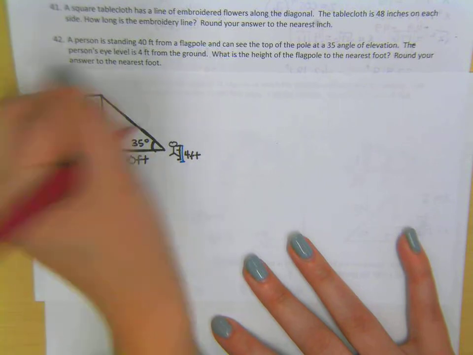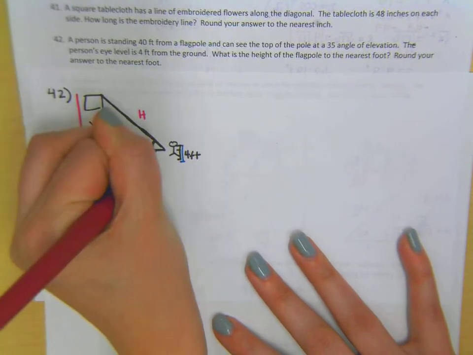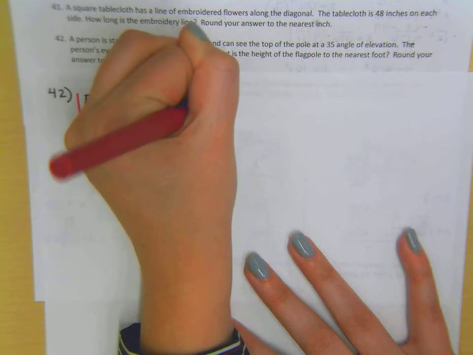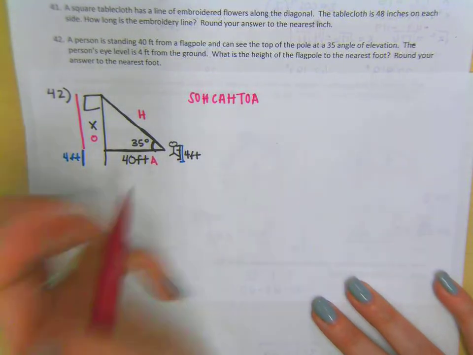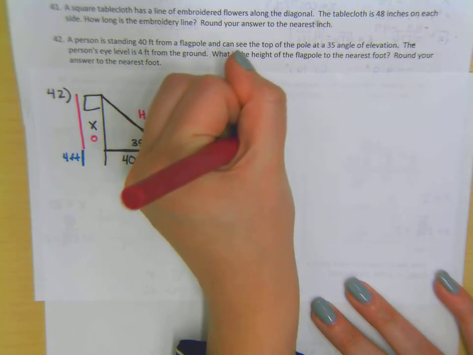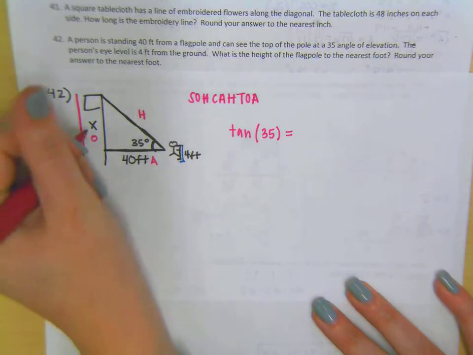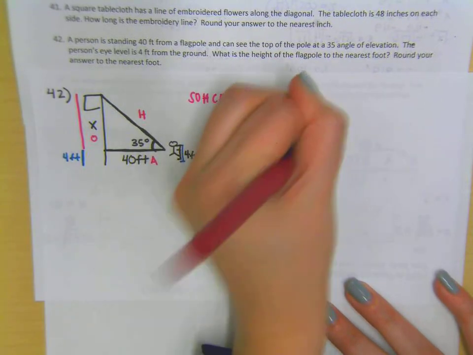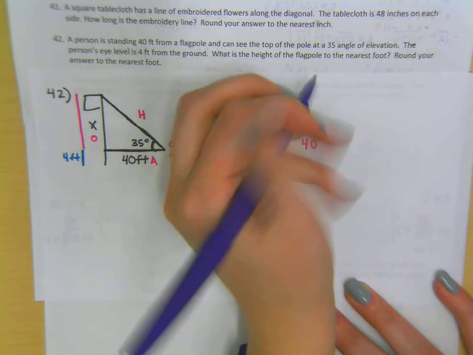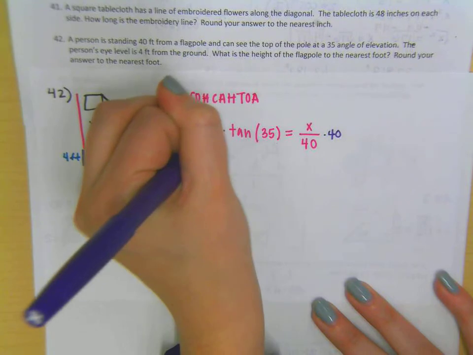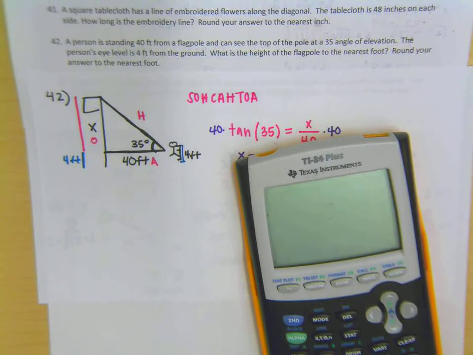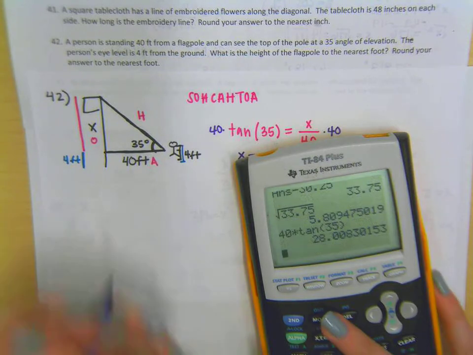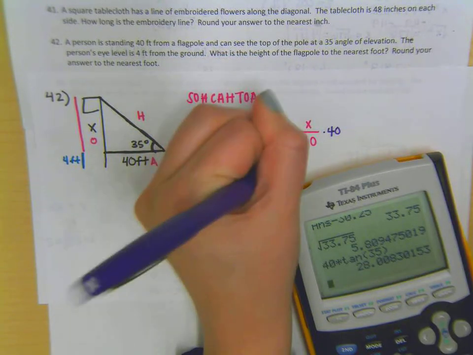So we have H, O, and A, so looking at SOHCAHTOA, we know that we are going to use O and A, which is tangent. So we have the tangent of 35 is equal to O over A, x over 40. Alright, so we're going to multiply both sides by 40 in order to get x by itself. So x is going to equal 40 times tangent of 35, which is 28 point something something something.